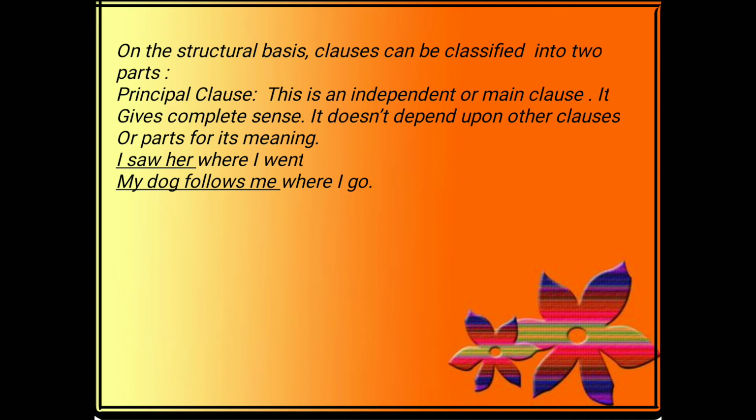This is your principal clause. Next is, we want to know why she is crying. Here why is the conjunction. So why she is crying, this is your subordinate clause and the rest of the part will be your principal clause. So we want to know, that is your principal clause.